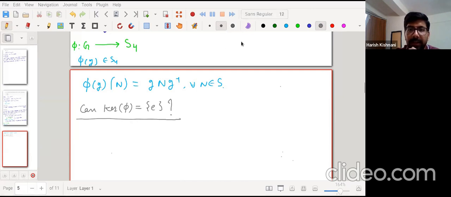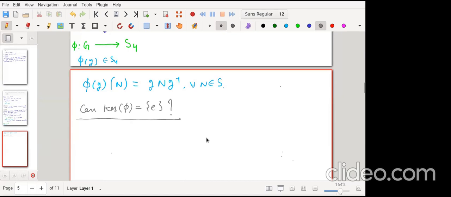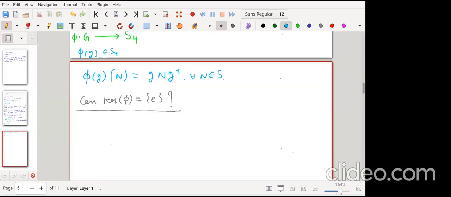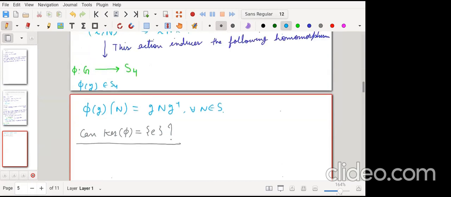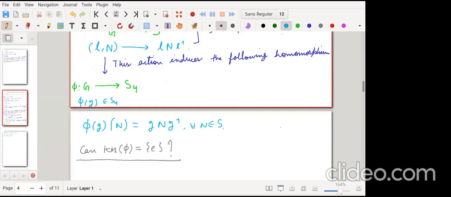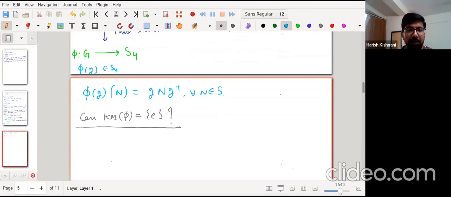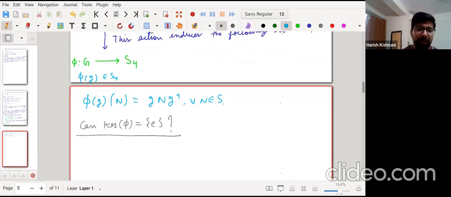Why it can't be identity? Just applying the definition of kernel, in the kernel we have elements such that phi of some g equals identity, but I am not clear, sir. Okay, so I don't know how you are going to apply it. I think it's going to be a bit cumbersome.